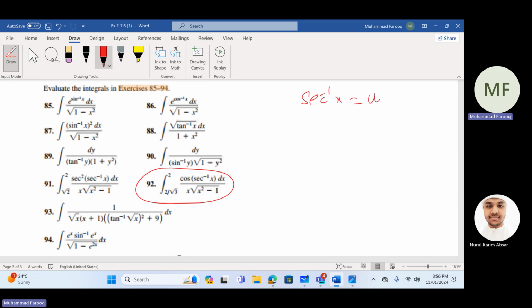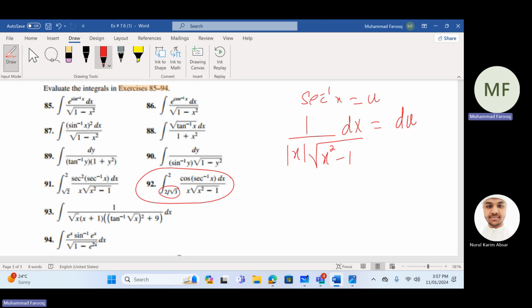Now, what is the secant inverse derivative? Can you check? It is 1 over the absolute value of x times the square root of x squared minus 1, times dx, and the u differential is du. Now, in question 92, you have x values from 2 divided by root 3 until 2.